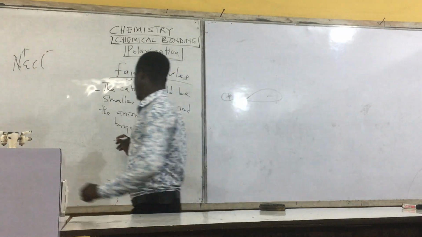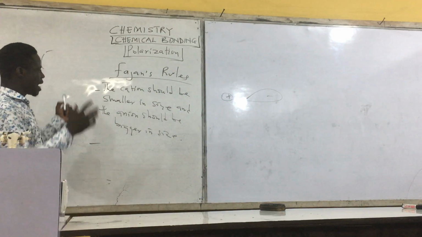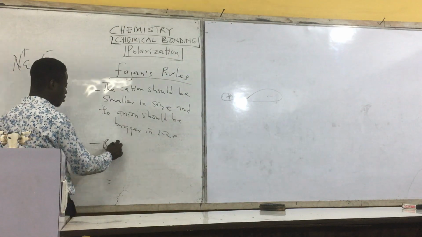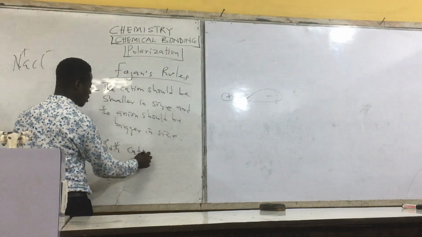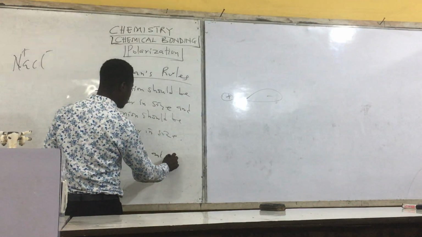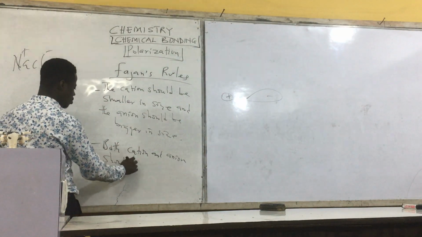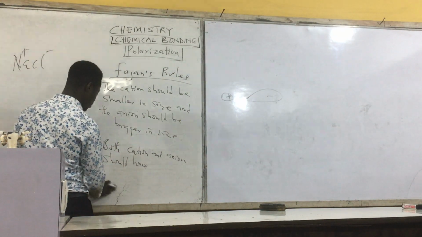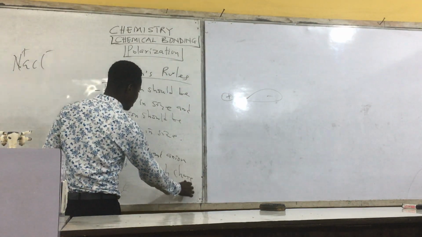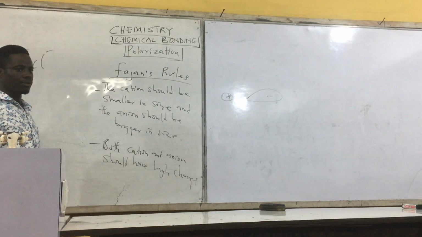Then, he also explained further that, apart from considering the size, both the cation and the anion should have high charge. So both of them should be having high charge.